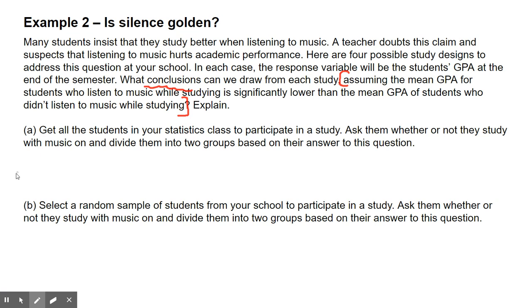So in this example, there is no random sample or random assignment. Because of this fact, we cannot make inference about the population or about cause and effect. So this is how you could write the answer.